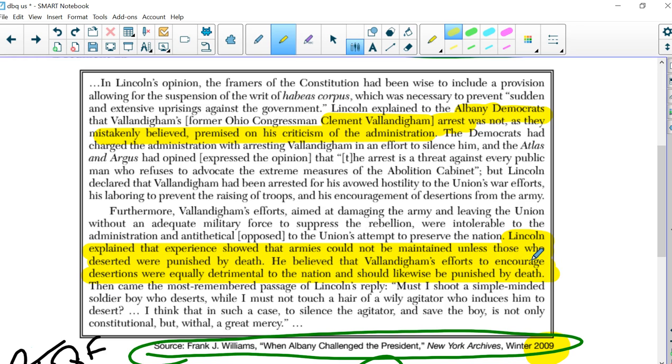Then came the most remembered passage of Lincoln's reply: "Must I shoot a simple-minded soldier boy who deserts, while I must not touch a hair of the wily agitator who induces him to desert? I think that in such a case to silence the agitator and save the boy is not only constitutional, but withal a great mercy." Okay, so how are we going to break this down?